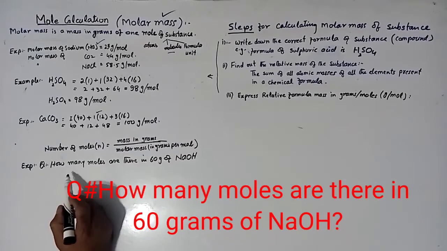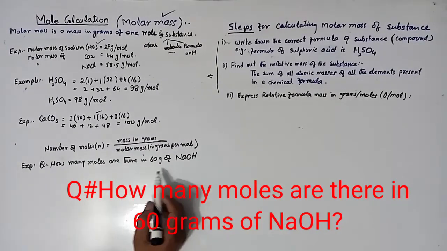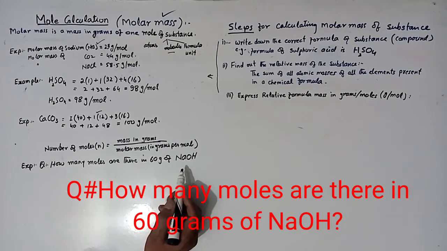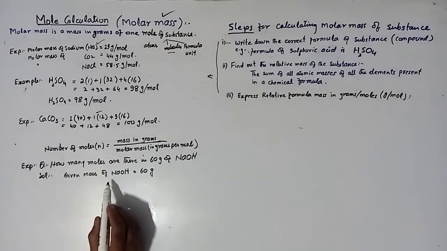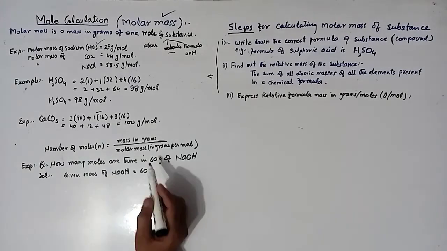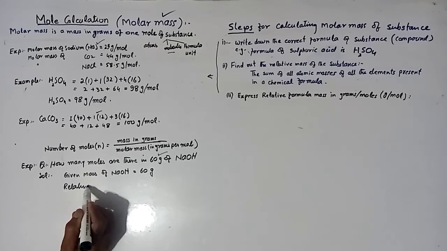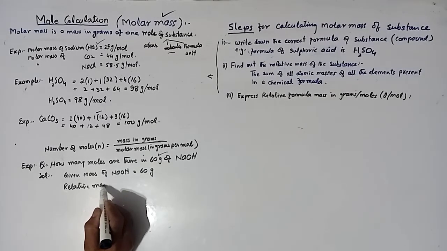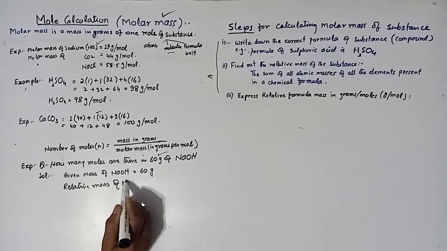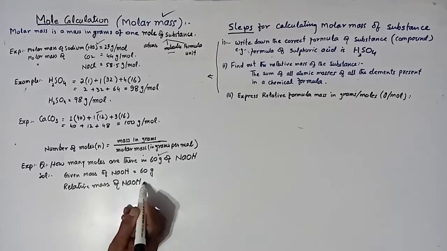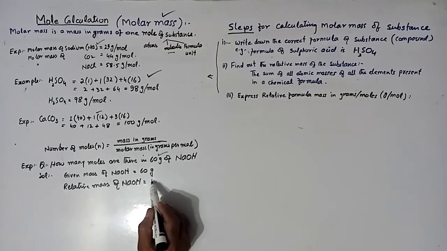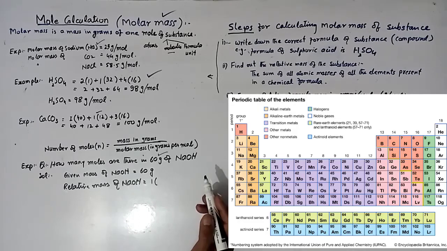For example, there is a question: how many moles are there in 60 grams of sodium hydroxide? Given mass of sodium hydroxide is 60. The next step is to find out the relative mass of sodium hydroxide. So how can we find out? There is only one sodium, so look at the periodic table.